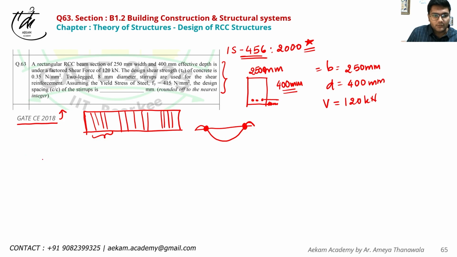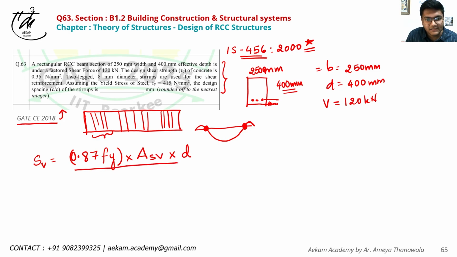So let's come to the formula. Your spacing of stirrups, so your shear stirrups, say SV, is equals to, as per limit state method, 0.87 Fy into area, this is area of your shear reinforcement, into D, divided by tau V minus tau C into B into D. So what is tau V and tau C?